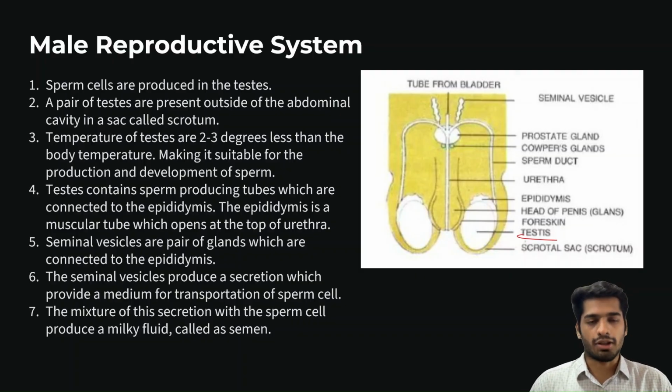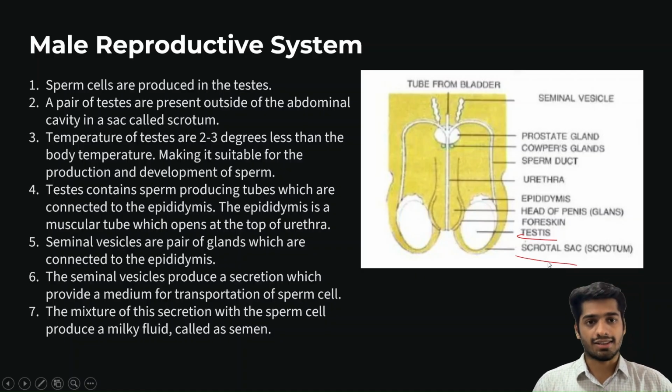As we grow before birth, the testes descend outside of the body. They were present inside the abdominal cavity, and after a certain time they come out of our body and are now present inside the scrotal sac. That skin-like structure that we can see is the scrotal sac, which contains your testes.